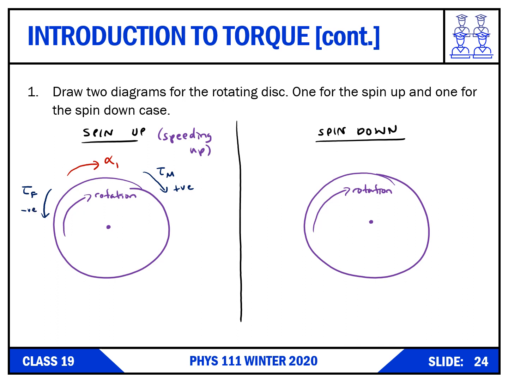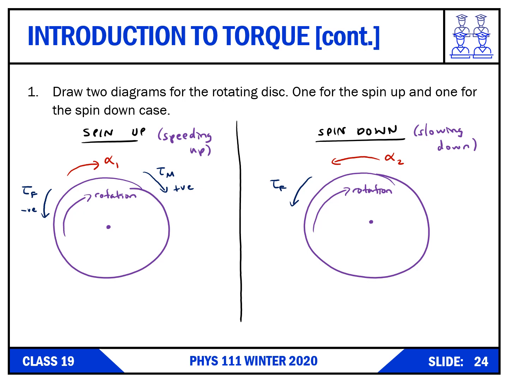Now, when you're spinning down, or essentially slowing down, you've turned off the motor, and your acceleration is going to go in the opposite direction now, and because there is no more motor torque, the only thing acting on the system is your frictional torque in this direction.